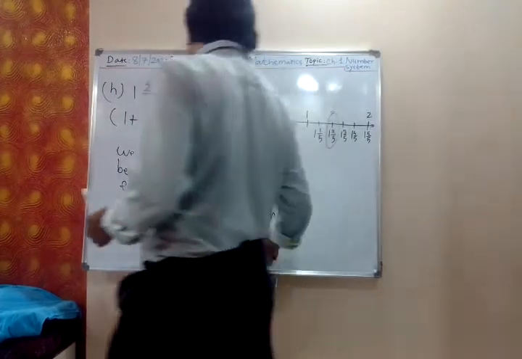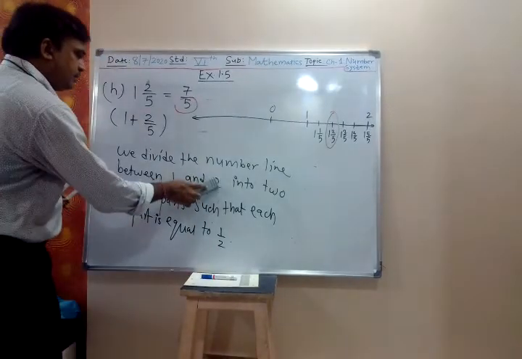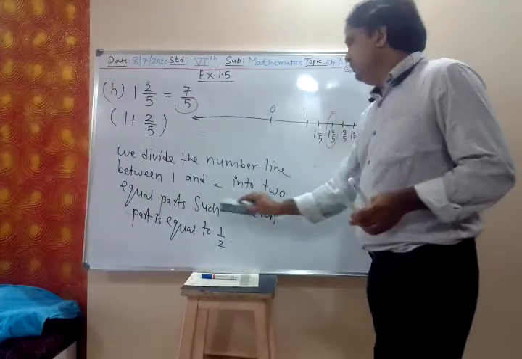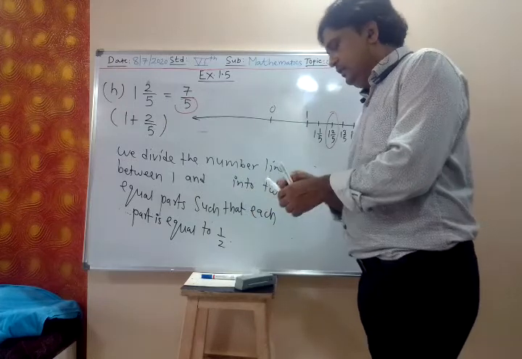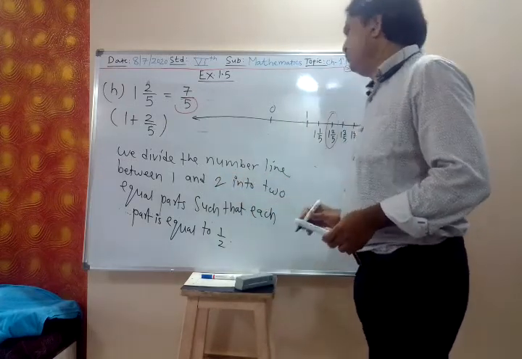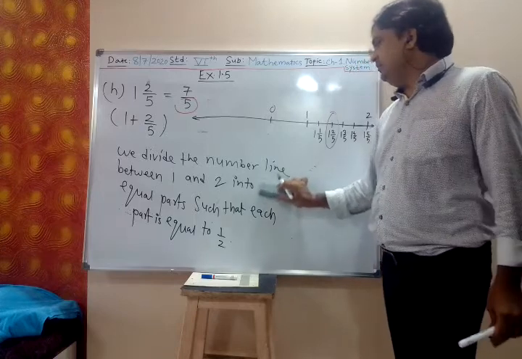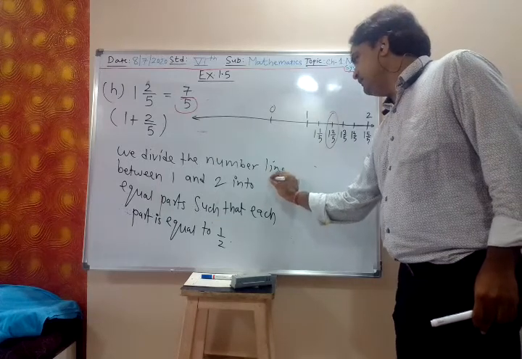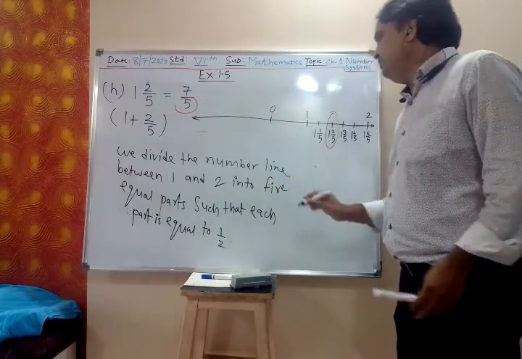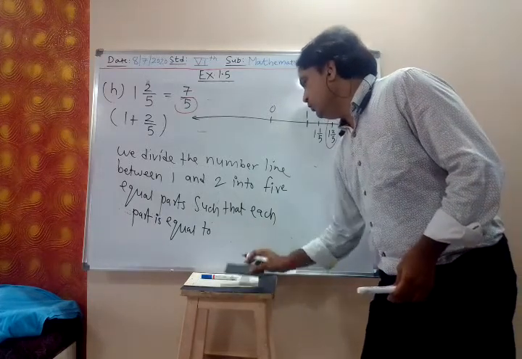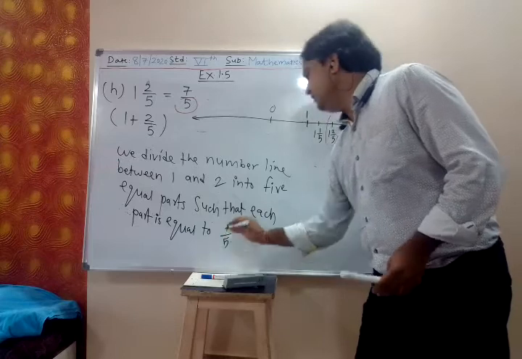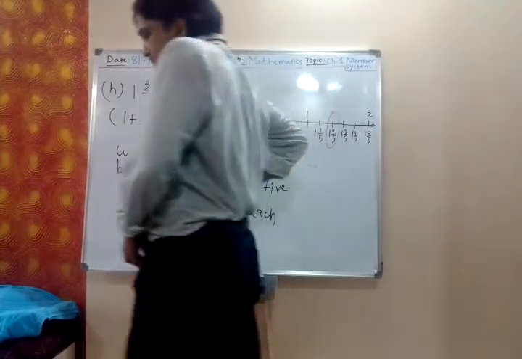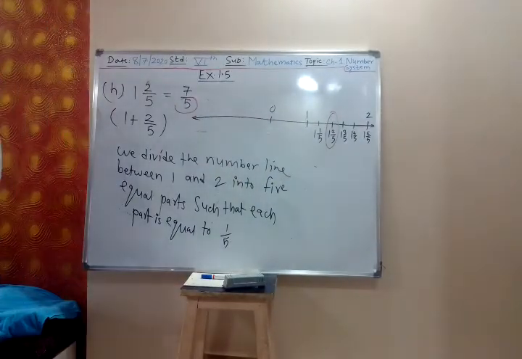So we divide the number line between 1 and 2 into 5 equal parts, such that each part is equal to 1 upon 5. So this is a mixed fraction.